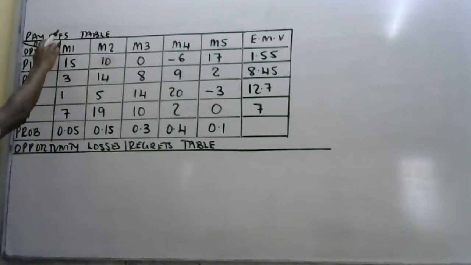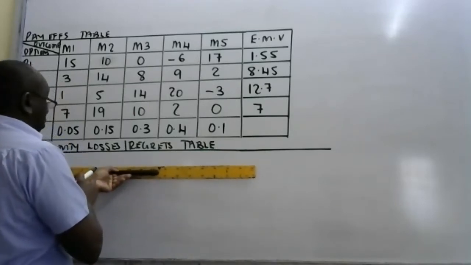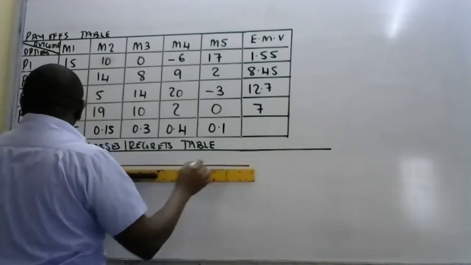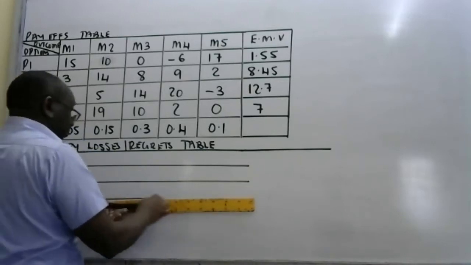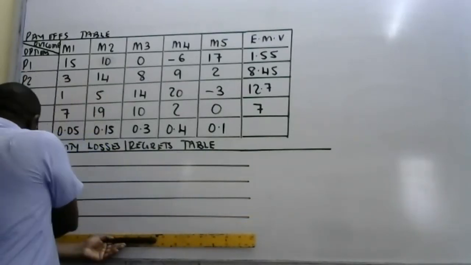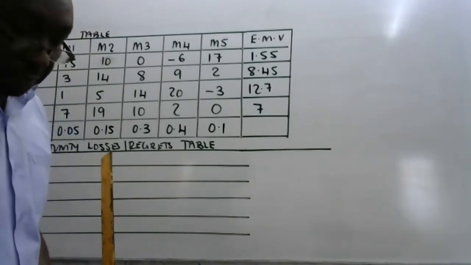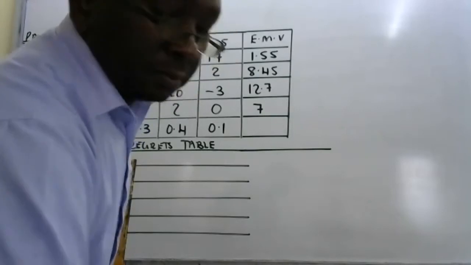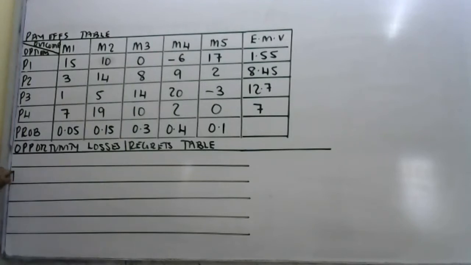One, two, three, 4, 5, 6. So in this one, we have P1, P2, P3, P4, and the probabilities.